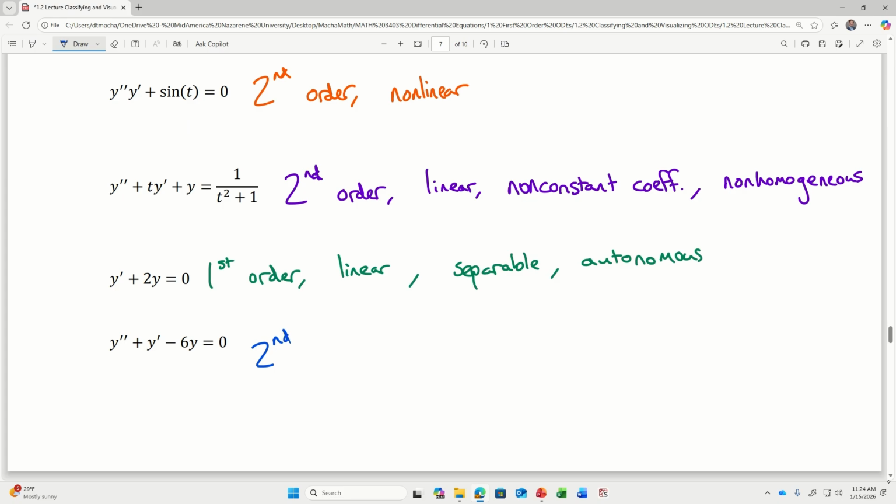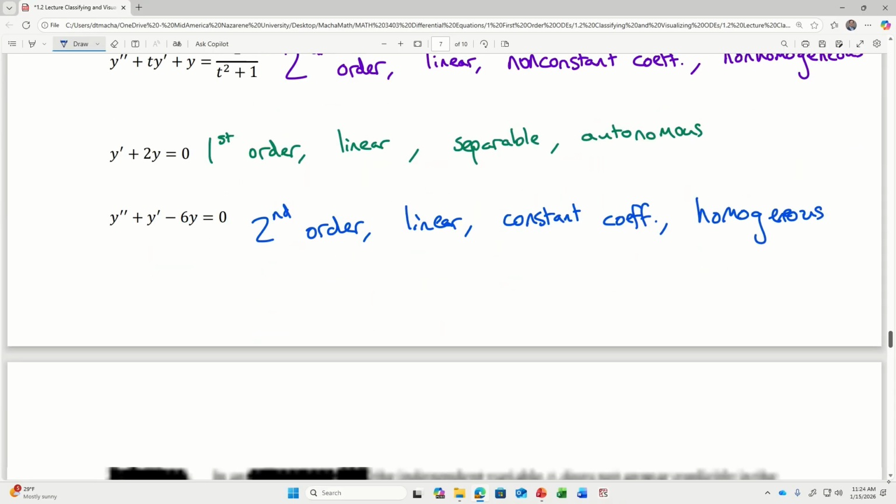Is it linear or nonlinear? Linear. Is it constant coefficients or non-constant coefficients? Constant coefficients. Is it homogeneous or non-homogeneous? Yeah, that 0 on the right-hand side tells me it's homogeneous.